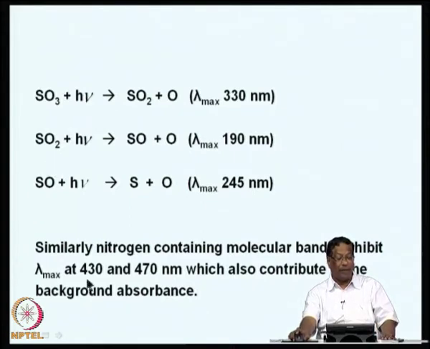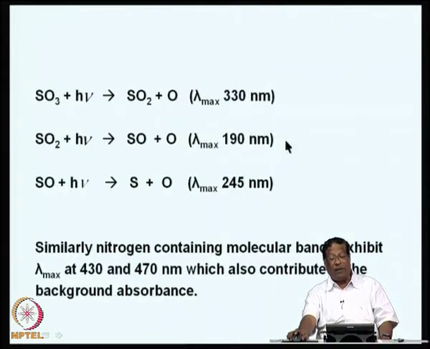So, it is possible to record the absorbance maxima for SO2, SO and sulfur also, if it is there in the vapor phase. That is why we have written that SO2 gives you lambda max of about 330 nanometers. For SO species, we have a lambda max of 190.